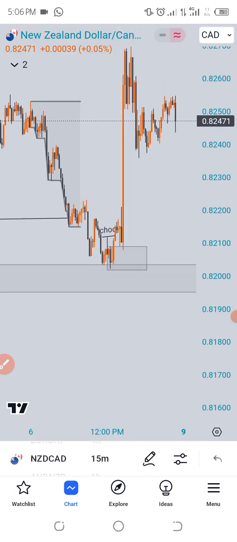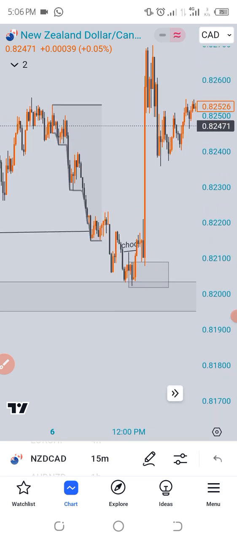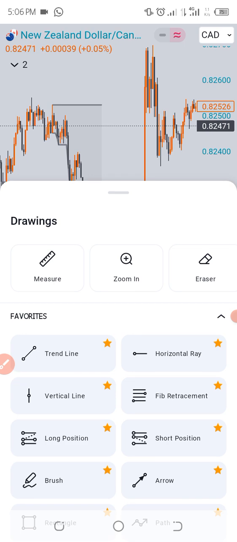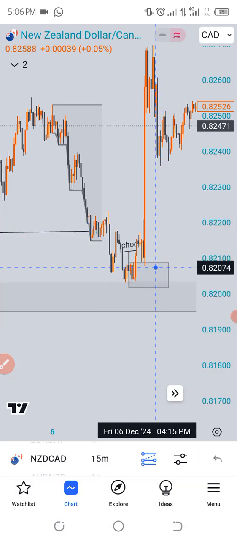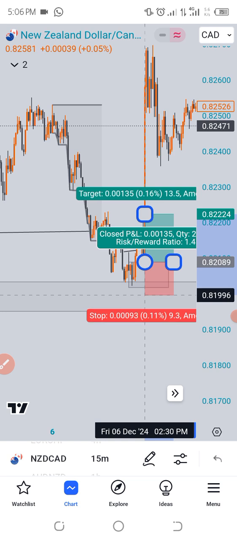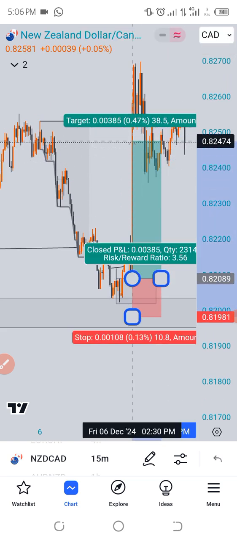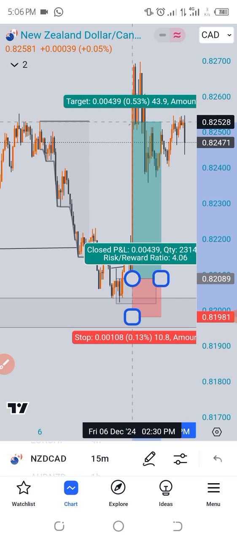Good. So what I would have done if I was online was I would have placed my buy limits here, expecting price to retrace back to this zone, and of course my stop loss would be, let's say, roughly 10 pips, and I would have been targeting the Asian high, or at least a 1:2.